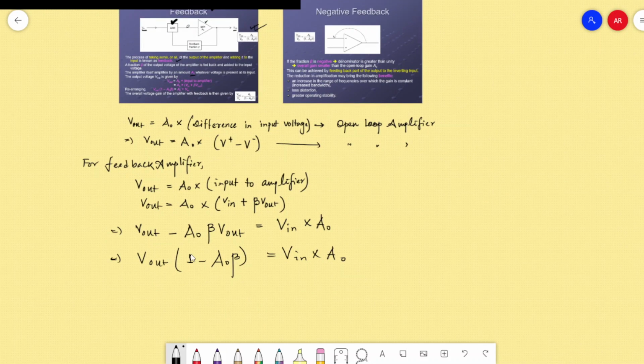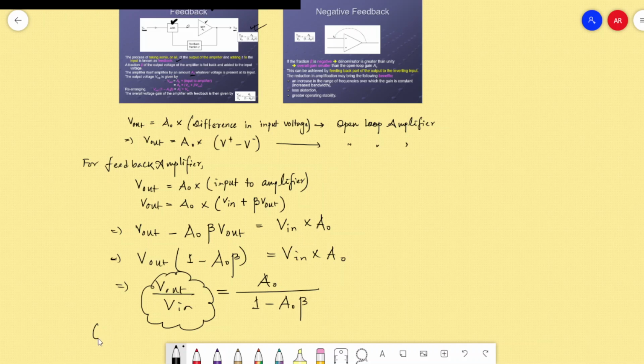If you take the ratio of V out and V in, this comes out to be A naught divided by 1 minus A naught beta. This ratio of output voltage to input voltage is known as gain. This gain of the feedback amplifier is A naught divided by 1 minus A naught beta. This is what you can see right here in this expression.